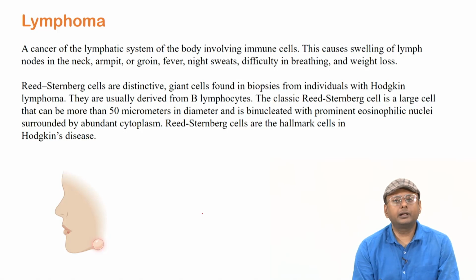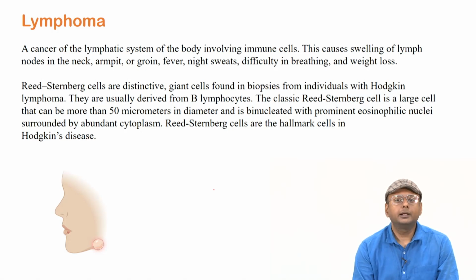Then finally, different lymph-related diseases. One of the very important and common lymph-related diseases is lymphoma, or the cancer of the lymph. It is a cancer of the lymphatic system involving the immune cells, which causes swelling of the lymph organs or lymph nodes in various areas, mostly in the neck, armpit or groin, and can cause fever and weight loss.